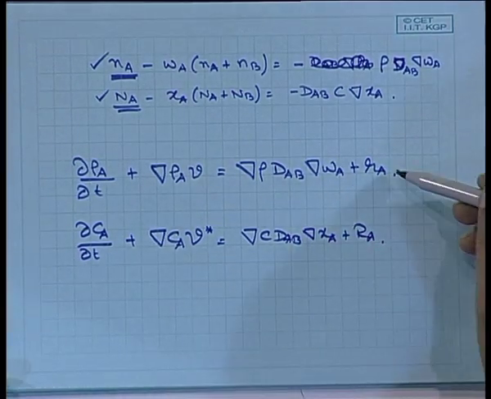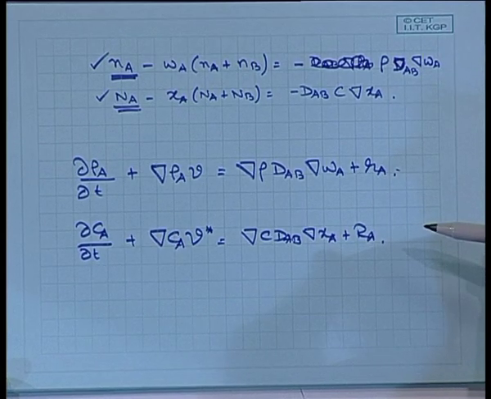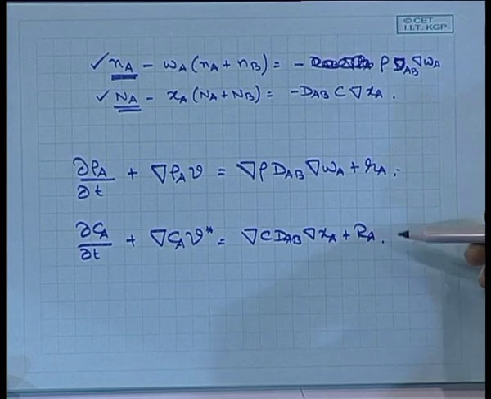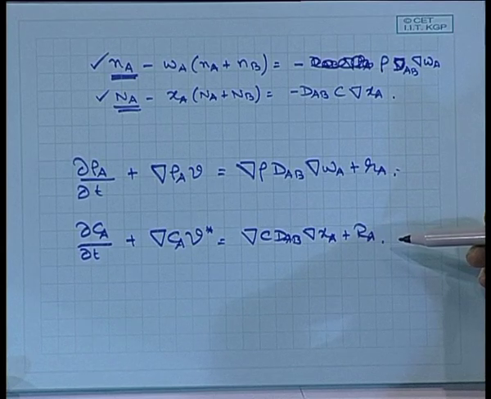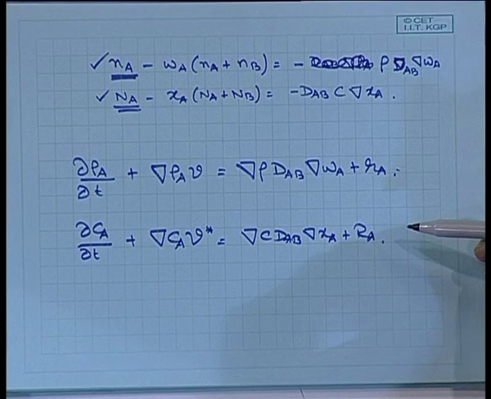So, these two equations are equivalent. One is expressed in mass terms, the other is expressed in molar terms. In one case the velocity used is mass average velocity, in other case the velocity used is molar average velocity. Apart from that, fundamentally there is no difference between these two equations.